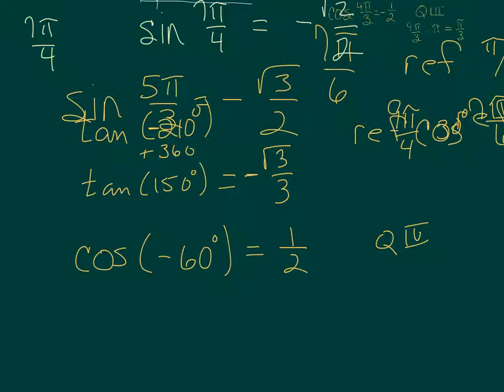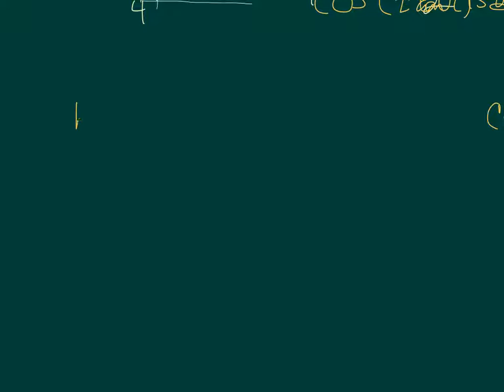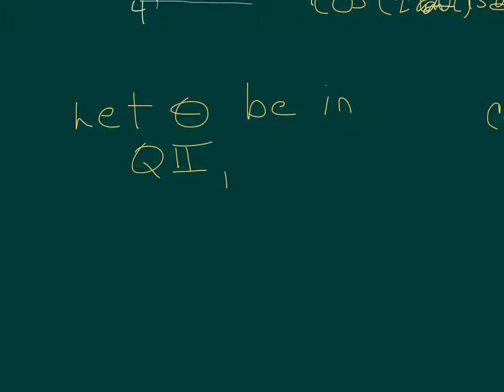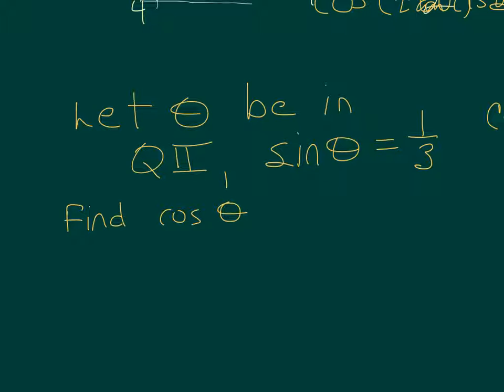Let theta be in quadrant 2, and the sine of theta is 1/3. I want to find the cosine and the tangent using identities.